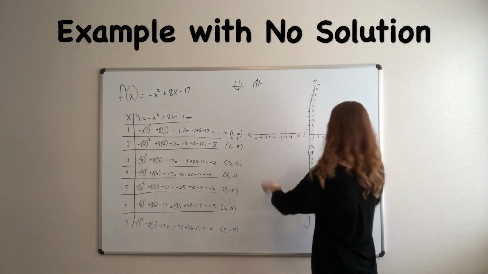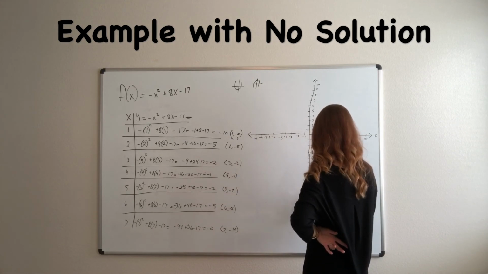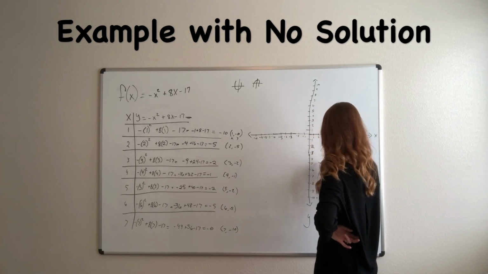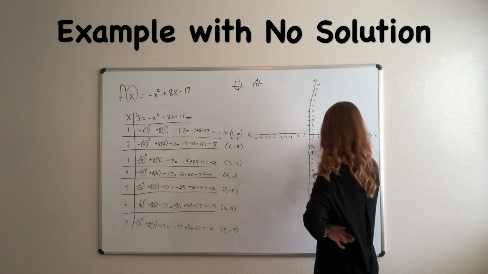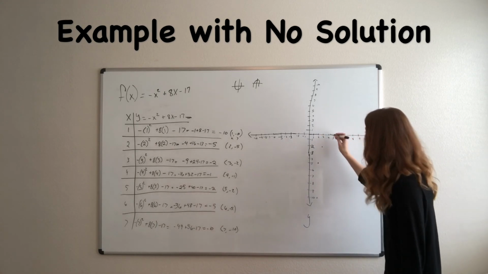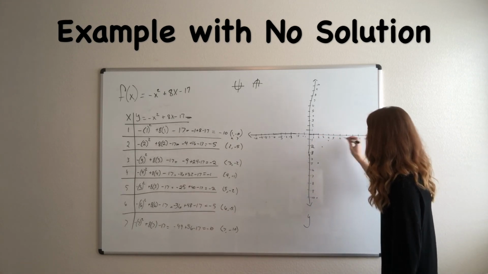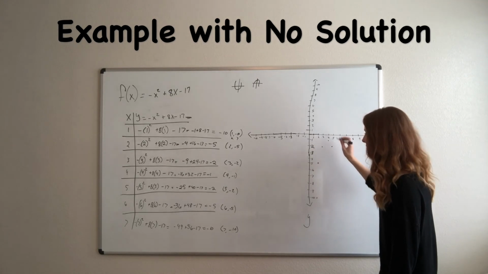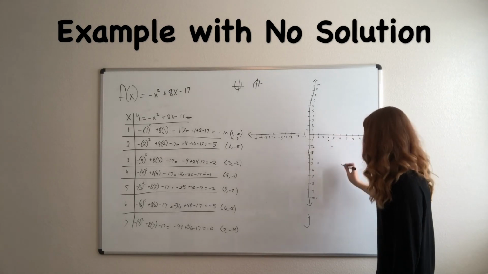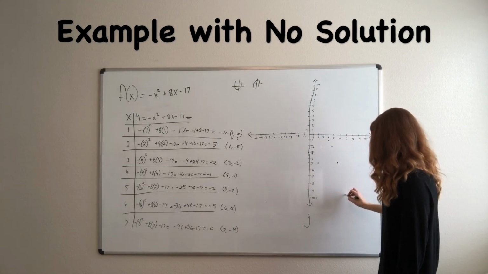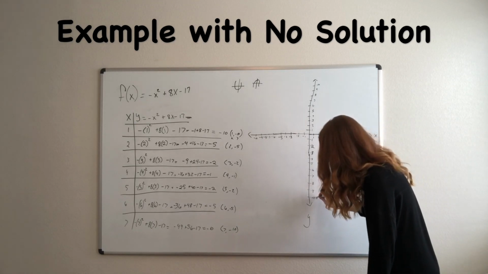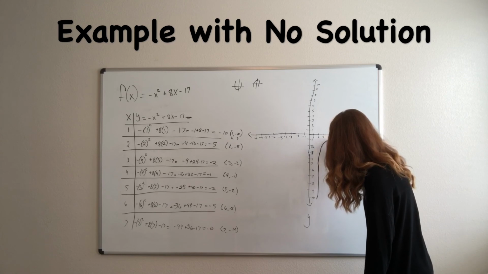We have 1, -10, we have 2, -5, 3, -2, 4, -1, 5, -2, 6, -5, and 7, -10. Okay, so once again, we're going to connect all of those points.